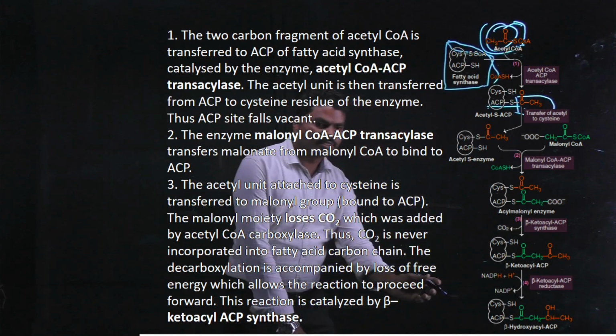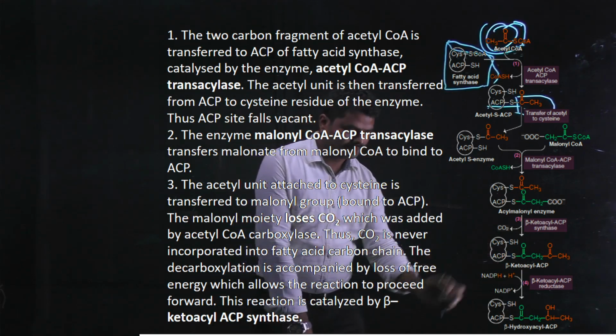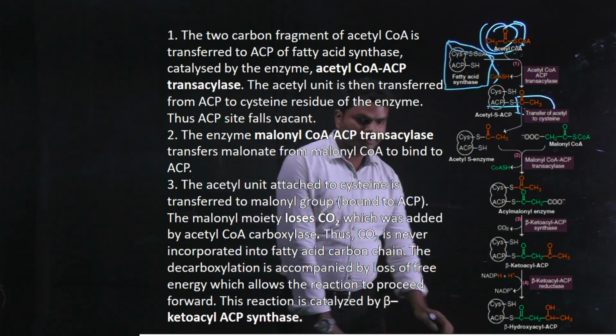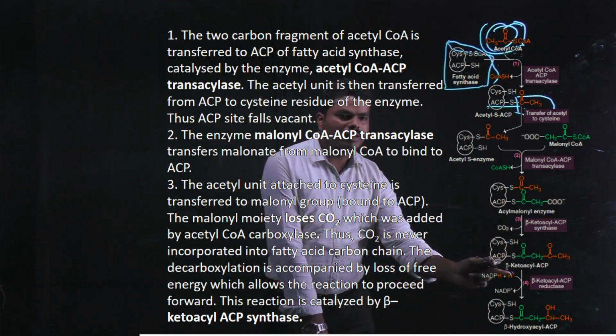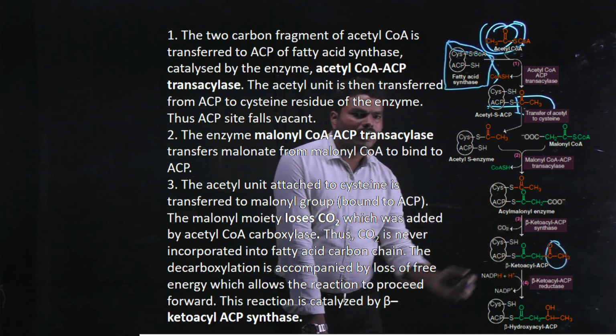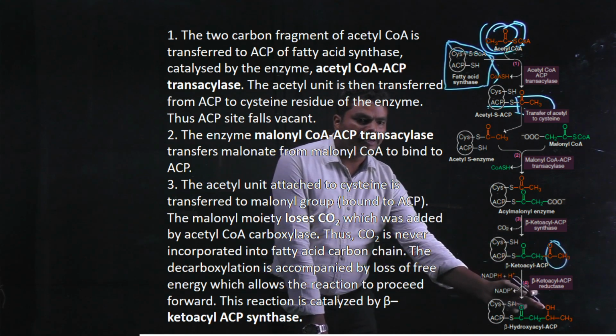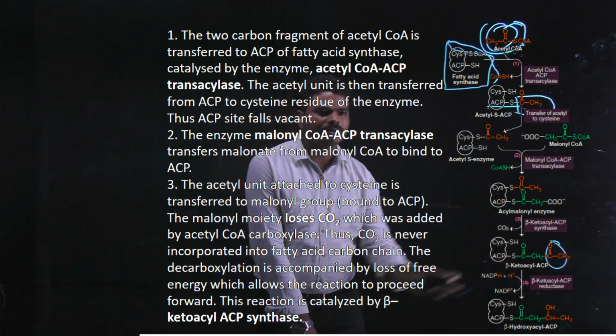So here we can see this is the beta keto acyl ACP, which has the beta keto group, and this will be converted into a beta hydroxy molecule. That is, beta hydroxy acyl ACP will be produced.